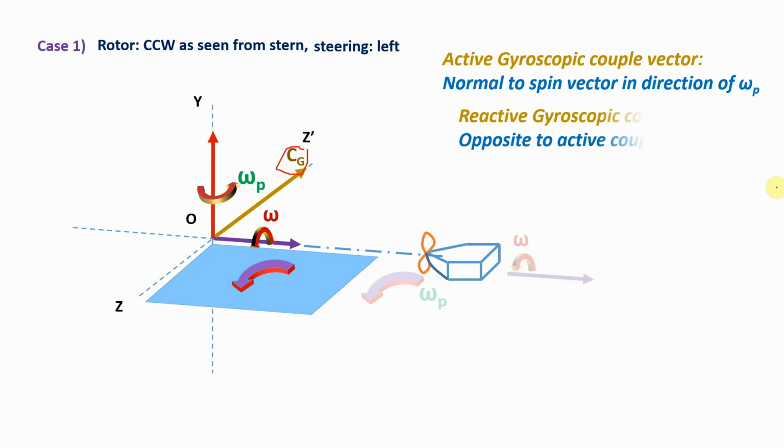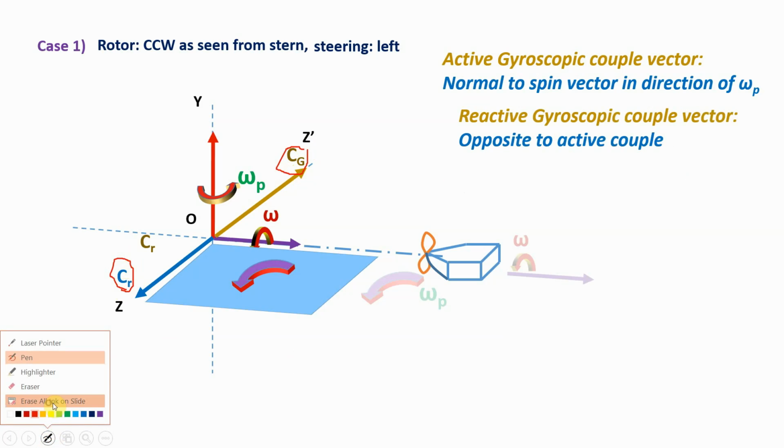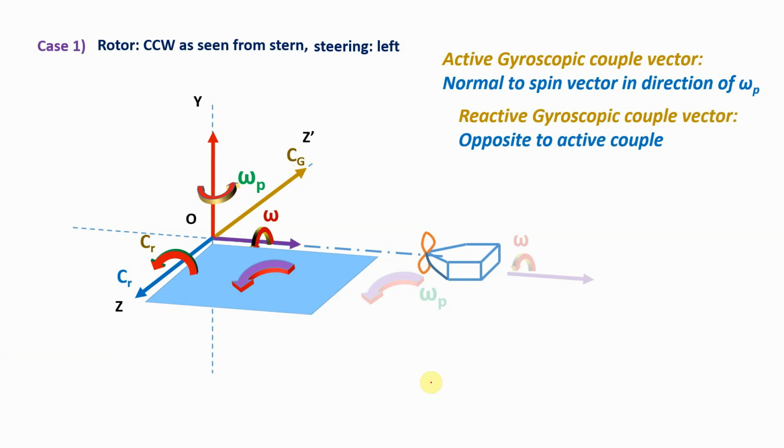We are interested in reactive torque, which is always opposite to the active gyroscopic torque. So the vector representing reactive torque will act along OZ. We represent it by CR. Now to obtain the sense of this reactive torque, we again make use of right hand rule.